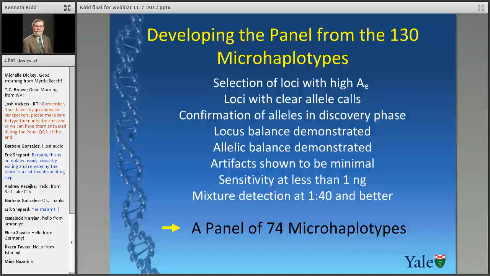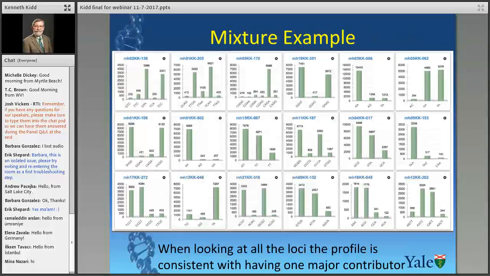And they are doing, with some of my consulting but no lab work, identifying from the total of 130 plus a few newer ones, the best ones, with a focus on ancestry, with a focus on the effective number of alleles and their function with massively parallel sequencing, resulting in a panel of 74 microhaplotypes.